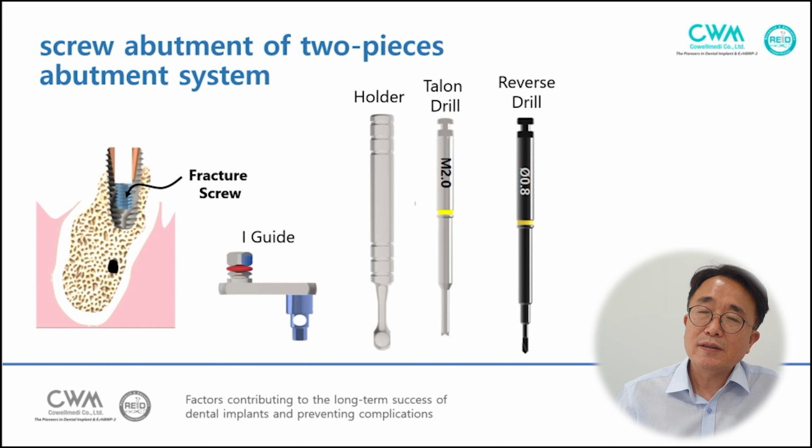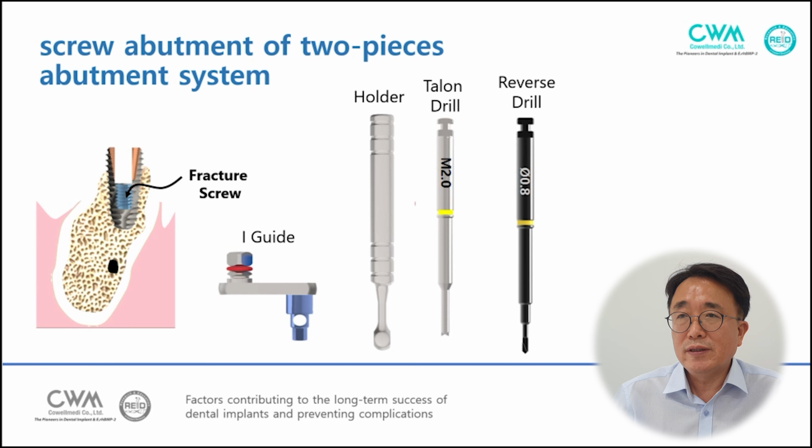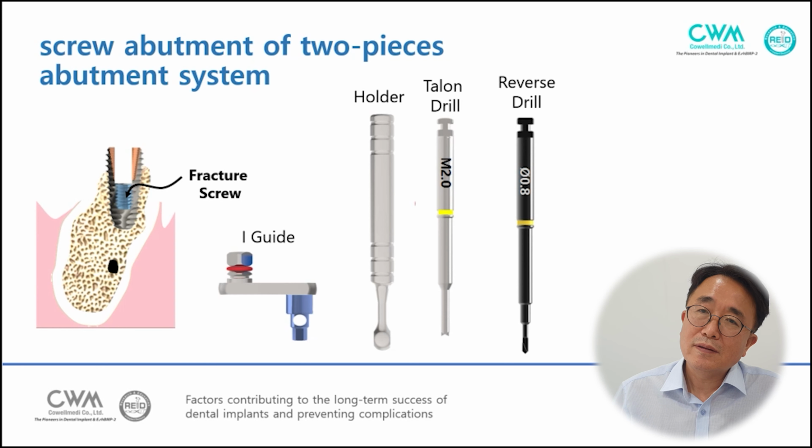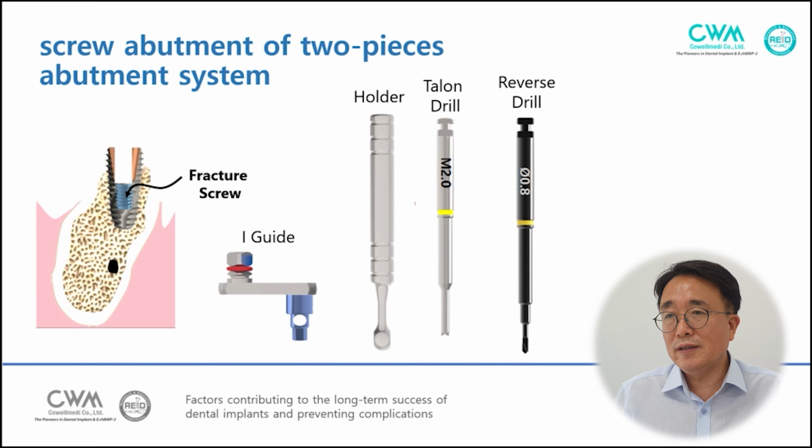Screw abutment is fractured with the abutment. And first, we have to remove the abutment fragment with the abutment remover, and then insert a guide, and the holder is connected, and Teflon drill is used with the reverse counterclockwise direction drill.